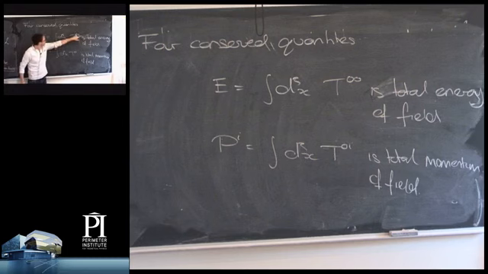So we've got 4 possibilities, whether the other index takes its value at 0 or whether the other index takes its value in space, i equals 1, 2, 3.